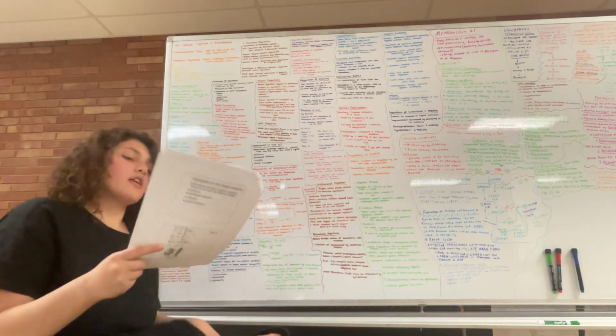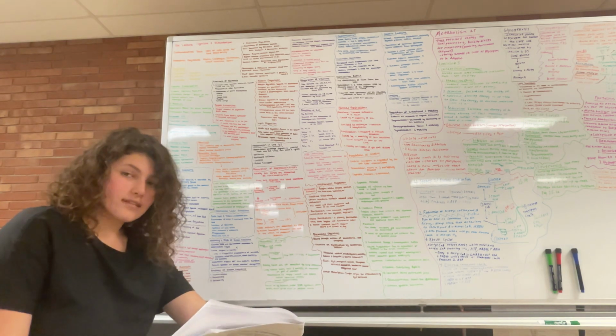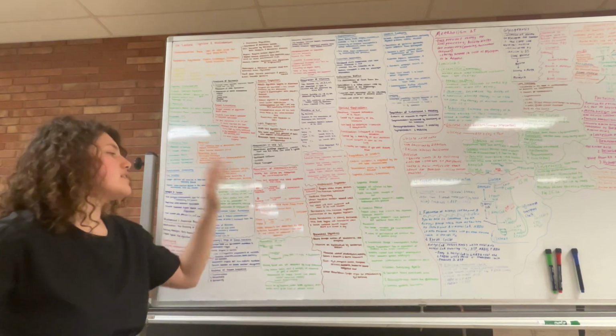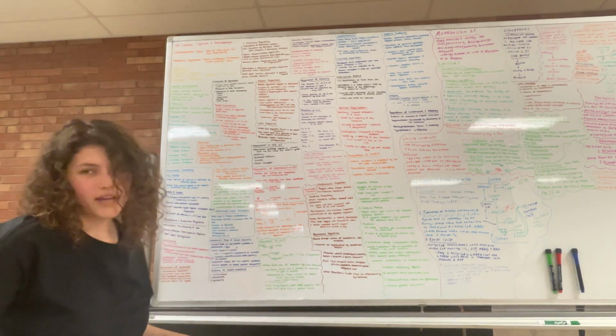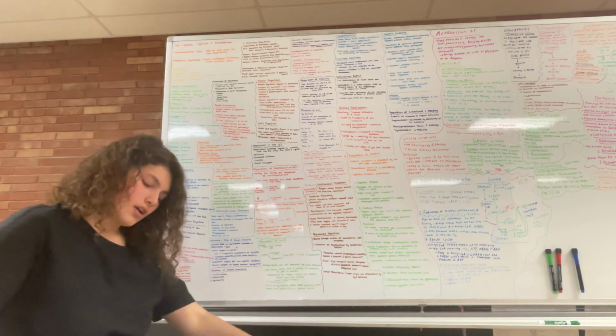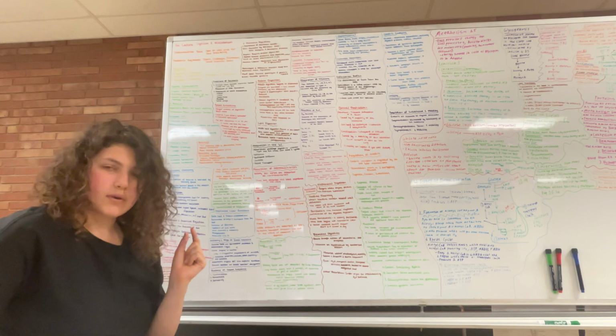Now we're going to go on to proteins, amino acids, stuff like that. So the absorption of amino acids, dipeptides, tripeptides, all the small things that come from larger proteins. Amino acids are the smallest part you can get from proteins.